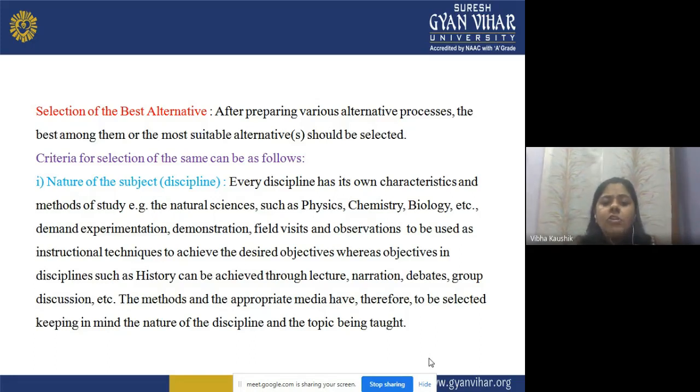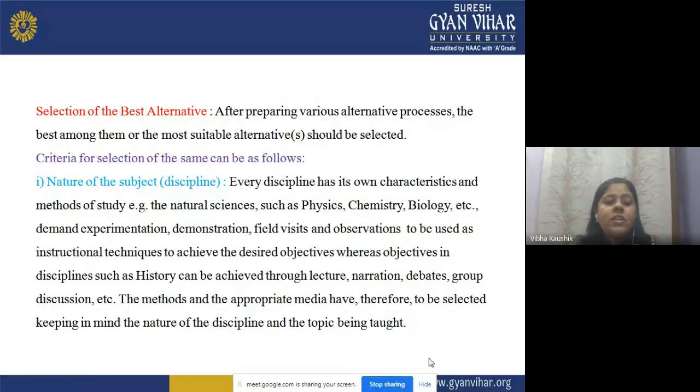For example, the natural sciences such as physics, chemistry, biology, etc. demand experimentation. When a teacher is teaching these types of subjects, the teacher must use experiments, demonstration, field visits, and observations as instructional techniques to achieve the desired objectives.